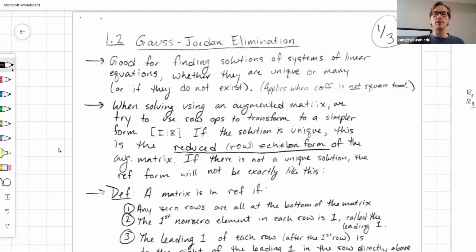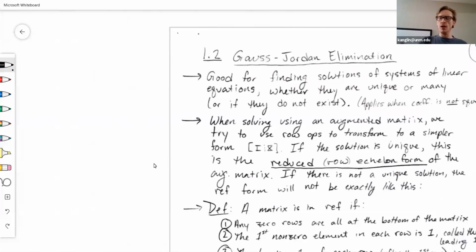Before we do that, I do want to talk about terminology a little bit. This reduced row echelon form, our book is a bit atypical in how they describe this form. Our book usually doesn't have the word row. It usually leaves that out.